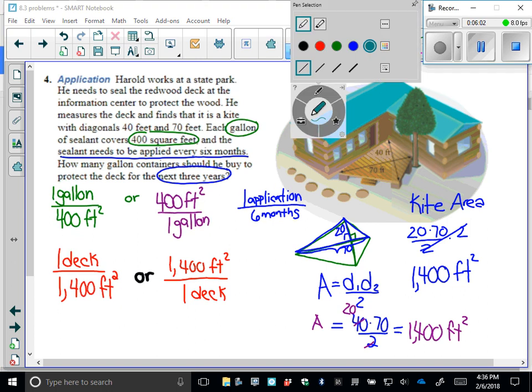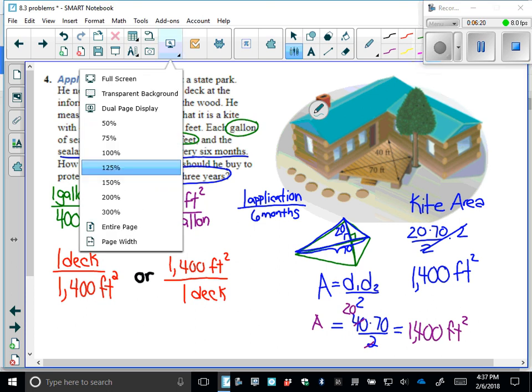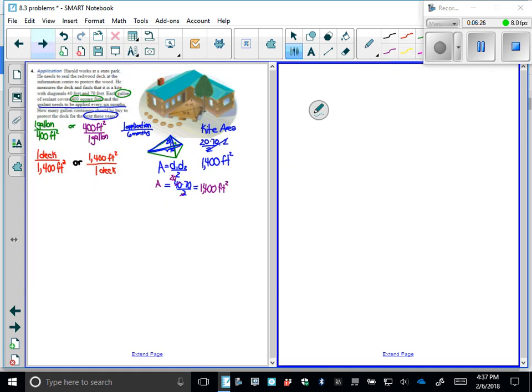So before I actually solve the problem, I just wrote out all the different possible ways to look at units. That doesn't necessarily mean that I'm going to use everything. I'm just putting in my scratch work. And then I just need to think about how I can show my work with that information.